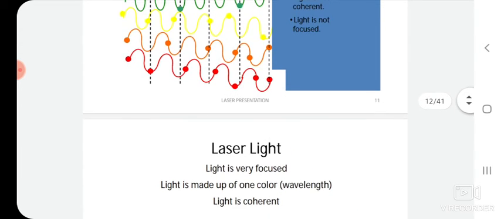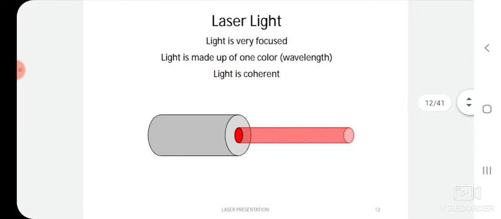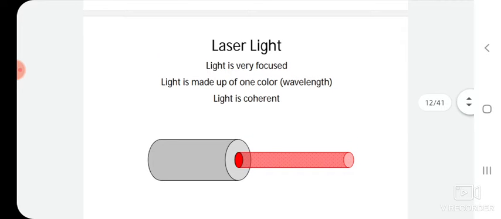If we move forward, then laser light. If we see this figure, you can observe that the light is more focused. It is made up of one color, and the light is coherent and very well focused.